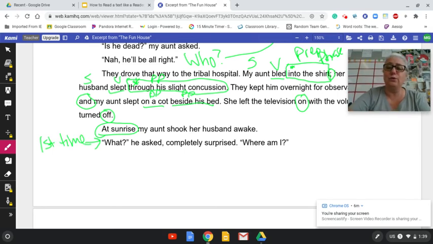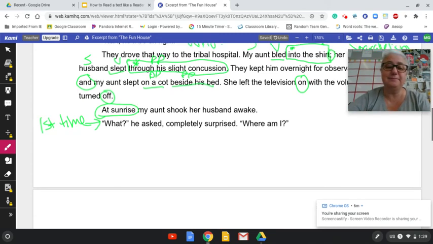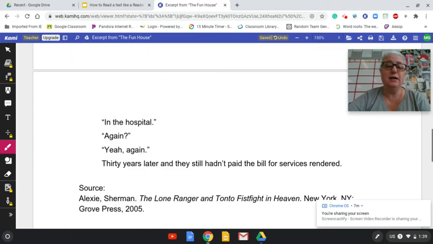This whole story up to this point, it's all been nonverbal communication. He smiles, he steps on the gas, he dances. He hasn't said anything. Now he's in the hospital. The first thing he says is, "What? Where am I?" "In the hospital." "Again?" "Yeah, again."